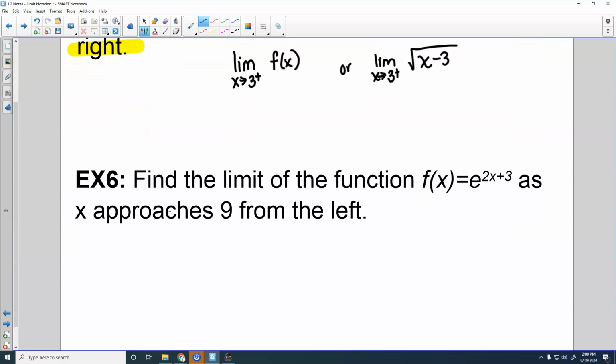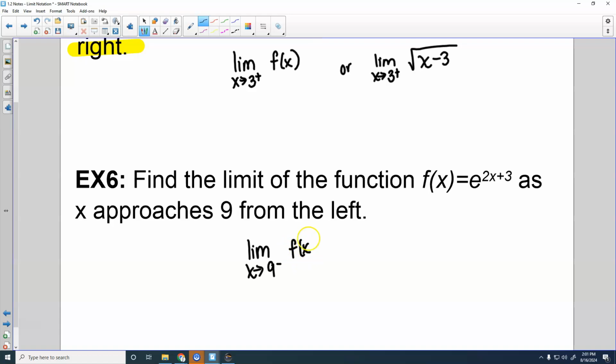Okay? So for the next one, we've got the limit as x approaches, this time we're approaching 9 from the left. So we put a 9 with the little negative sign behind the 9. And then we're taking the limit of f of x or e to the 2x plus 3. So same thing here.